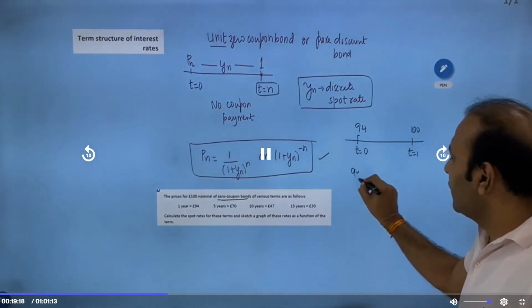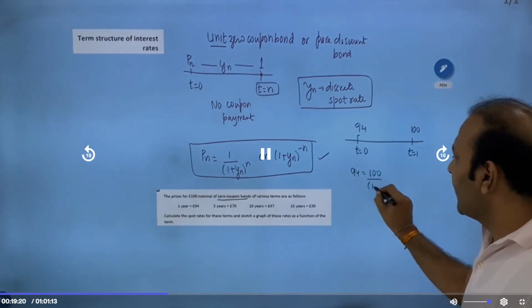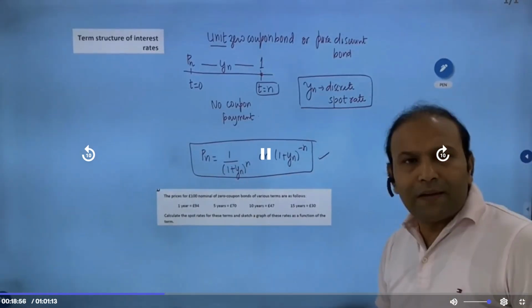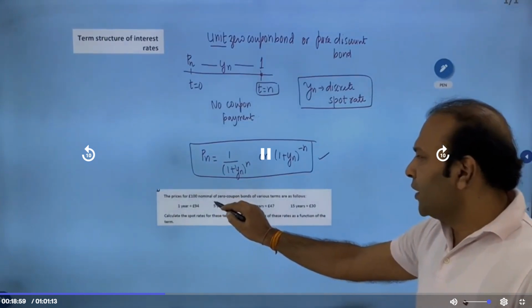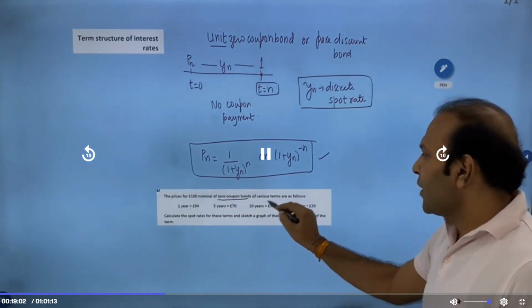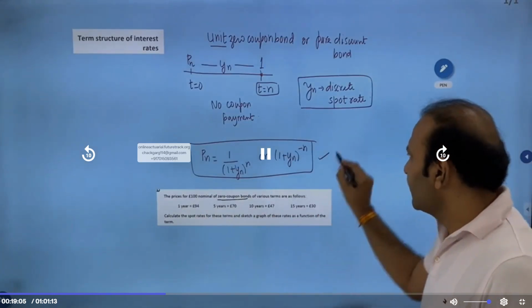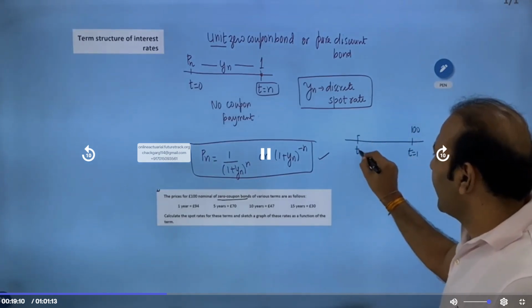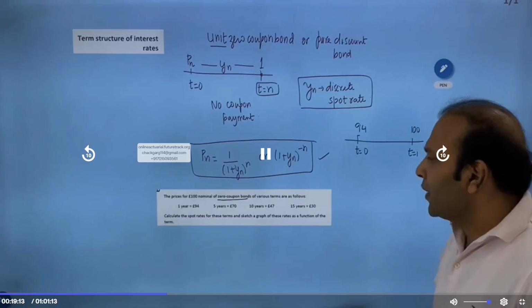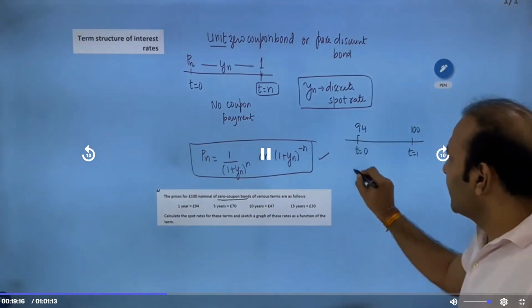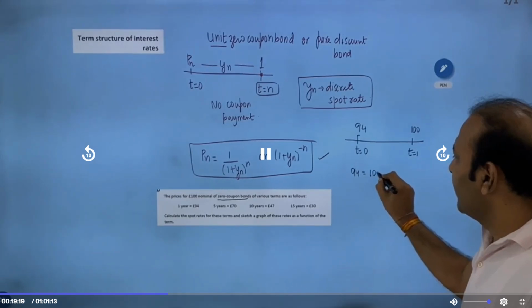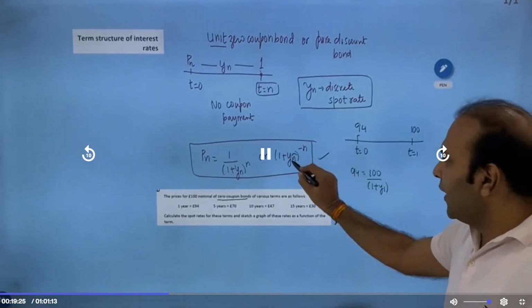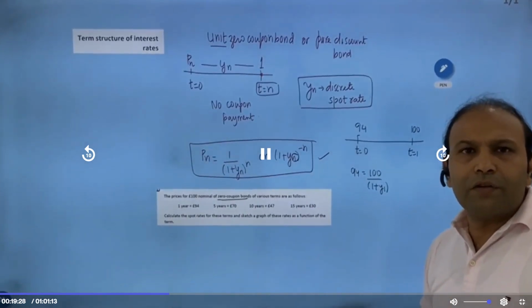So class, 94 is equal to 100 divided by 1 plus y1. Here n is the number of years at which you have a redemption.